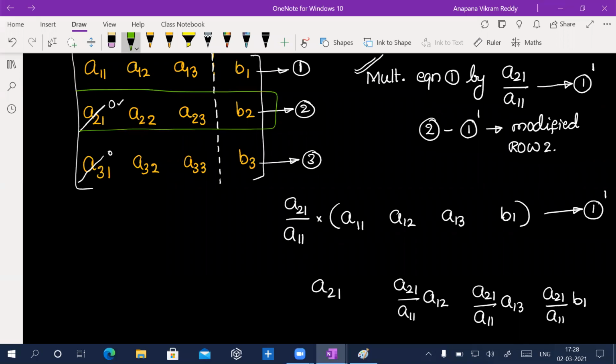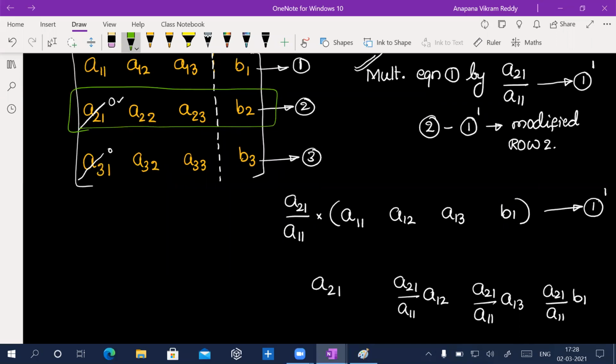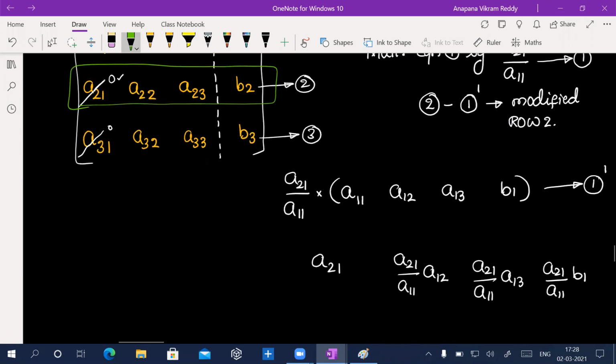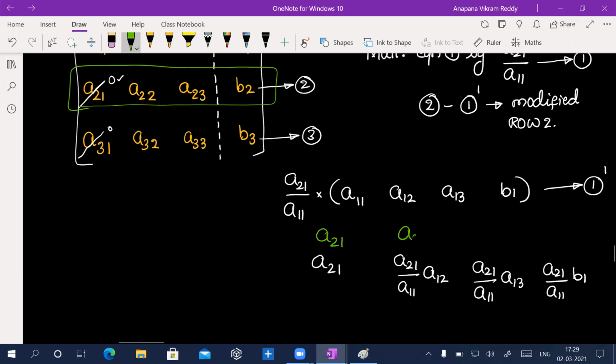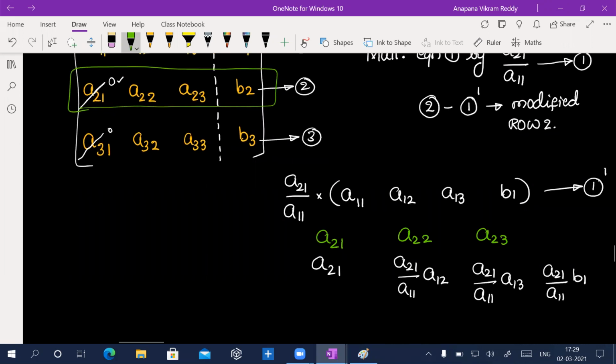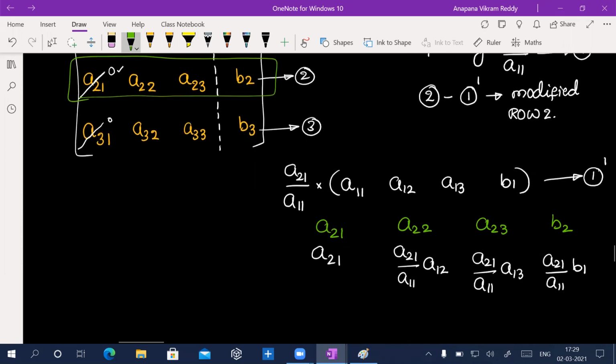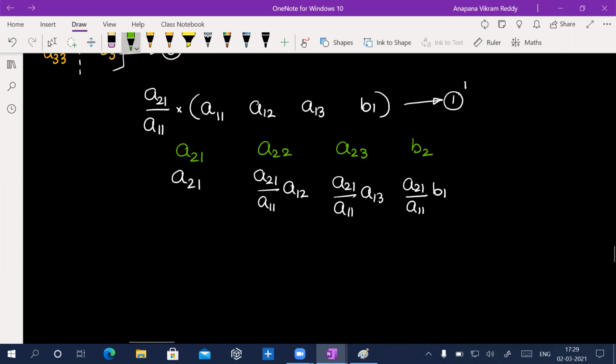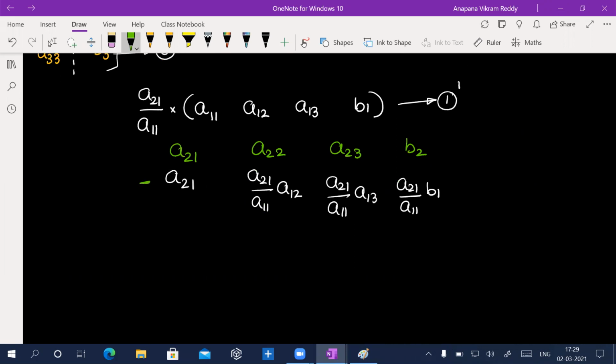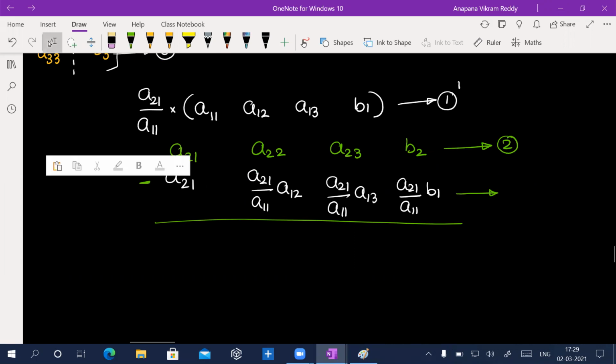I didn't make this A21 0 as of now, so I'm going to make it 0. So this is A21, this is A22, this is A23, and B2. All right, now you subtract the modified row 1 from the direct row 2. So this is my equation number 2, and this is equation number 1 prime. Agree?